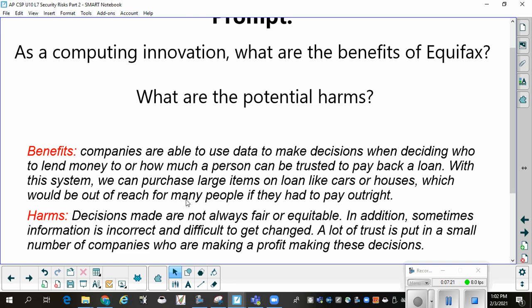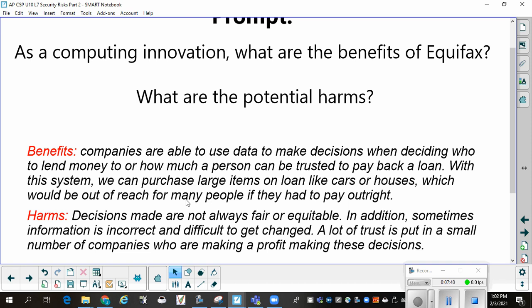Harms? Decisions are not always fair or equitable. In addition, sometimes information is incorrect and difficult to get changed. A lot of trust is put in a small number of companies who are making a profit making these decisions.